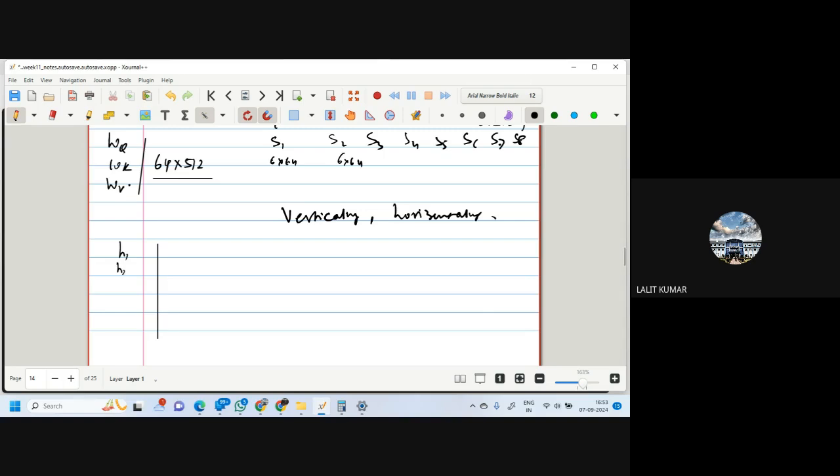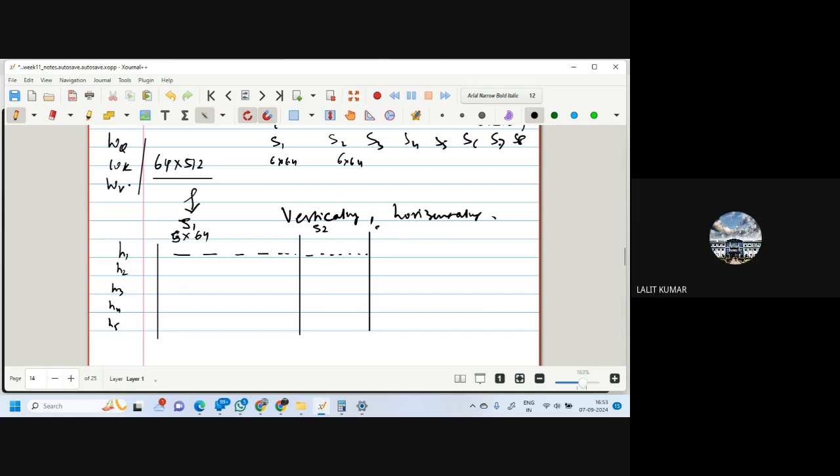H1, H2, H3, H4, H5. From the first head, I got this S1, which is 5 into 64. So these 5 values are there, and here I got 64. S2 I got 5 into 64. So again 64 I get.